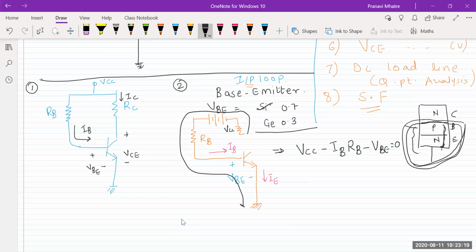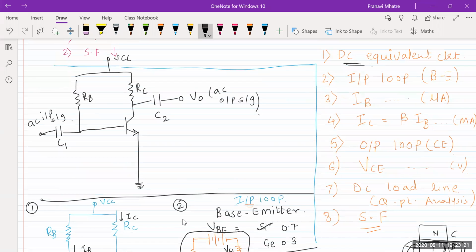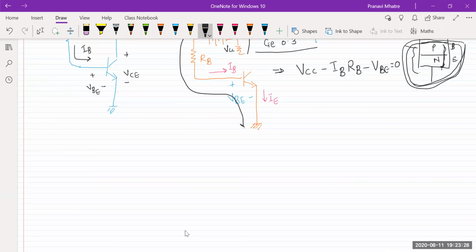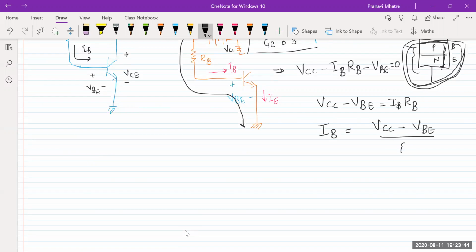From the input loop, the parameter we are supposed to calculate is IB. So your second point is done, and the third point we are going to solve now. IB, that is VCC minus VBE, equals IBRB. So my IB comes out to be VCC minus VBE upon RB, and the answer should be in microamps. So this is what my IB is.